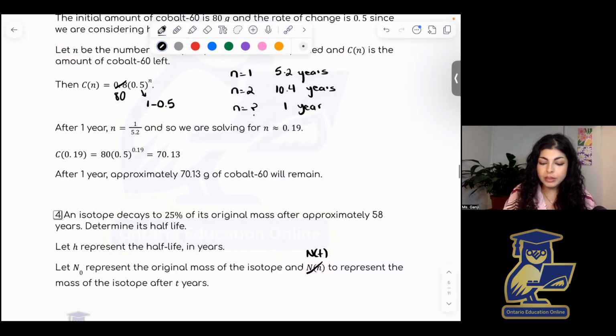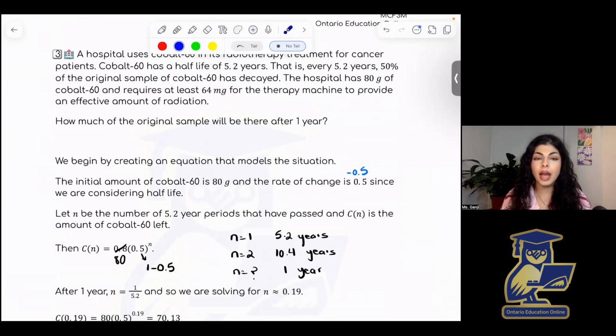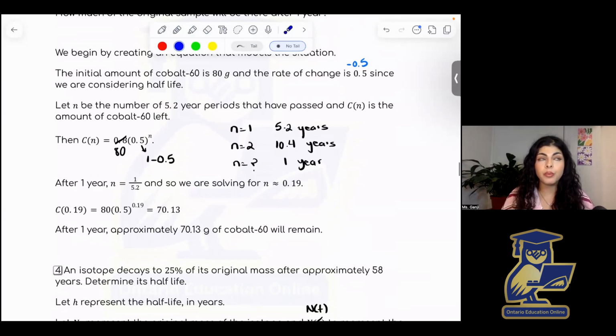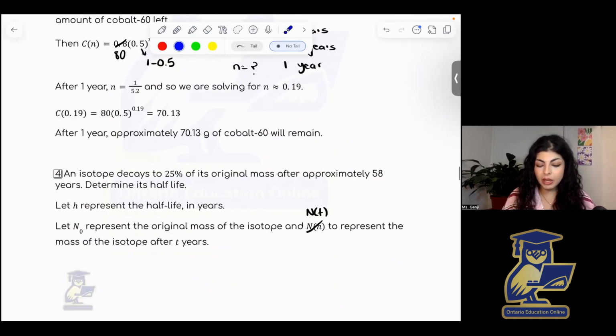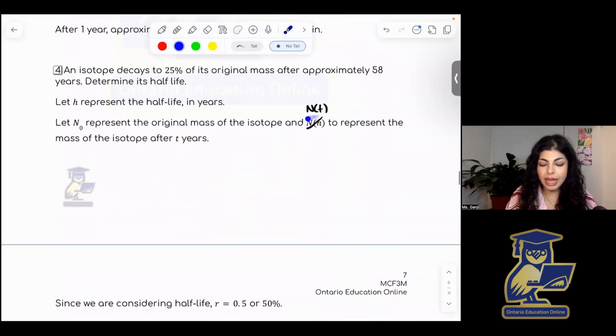So similar to above, when we had the half-life as 5.2 years, this is the time period that we're looking at. But of course, the variable that's actually changing, which is the time, will be dependent on that half-life. So we are looking at N of T after T years, but with respect to that half-life.